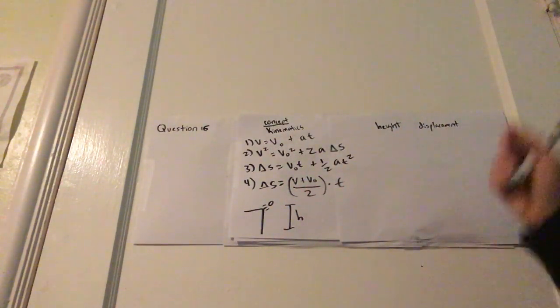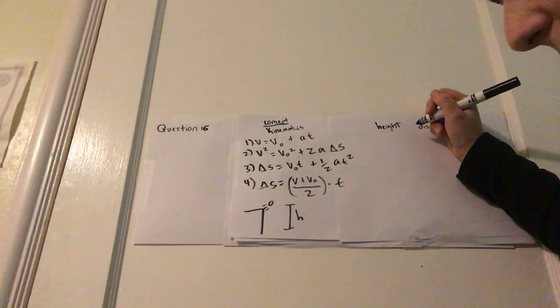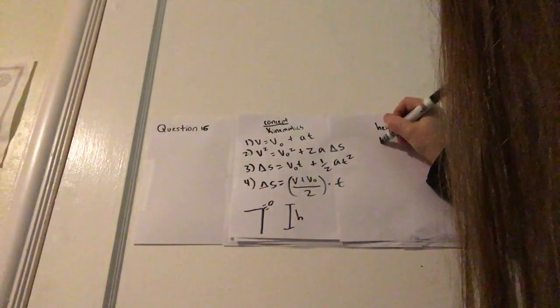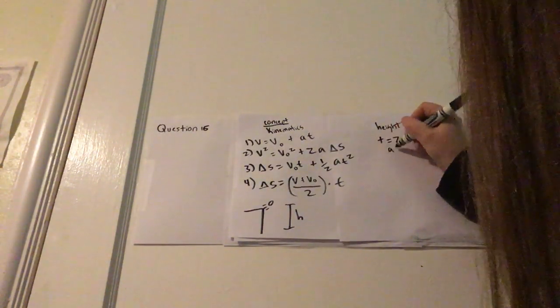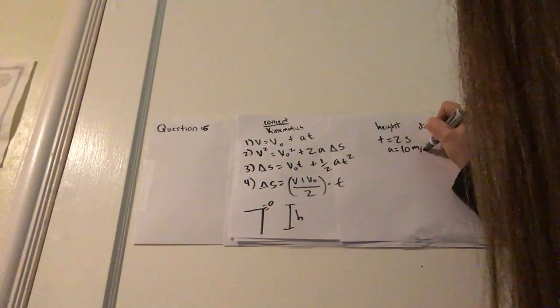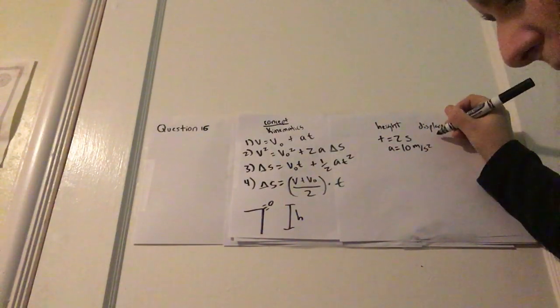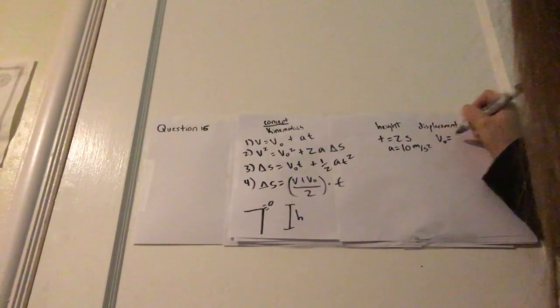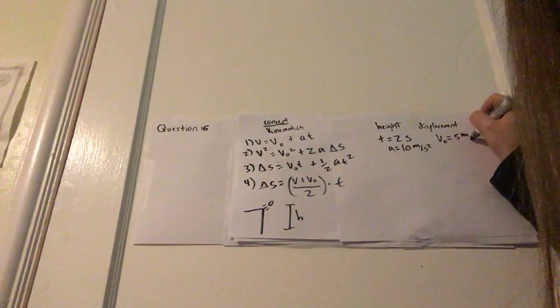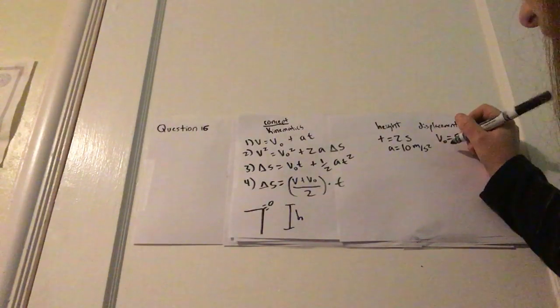And what I have, so they give us that it reaches the ground at 2 seconds. So I have the time. And then I have acceleration, because they give us 10 meters per second squared. I also have the initial velocity is equal to 5 meters per second.